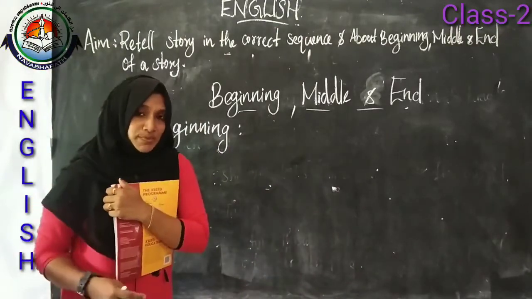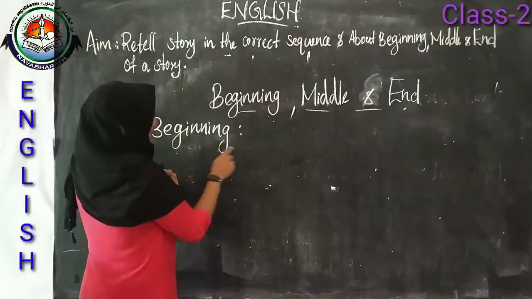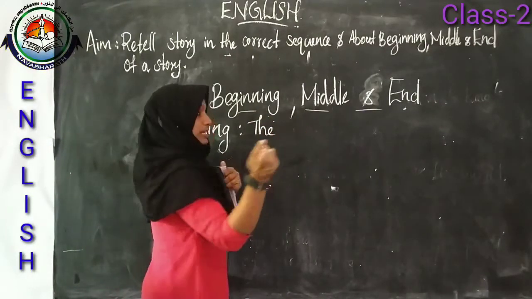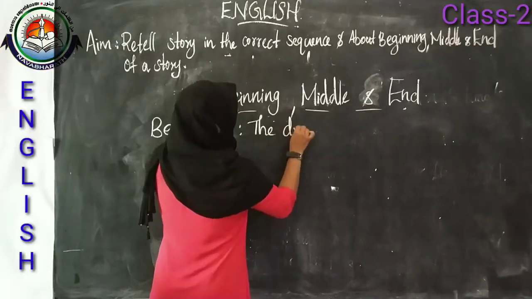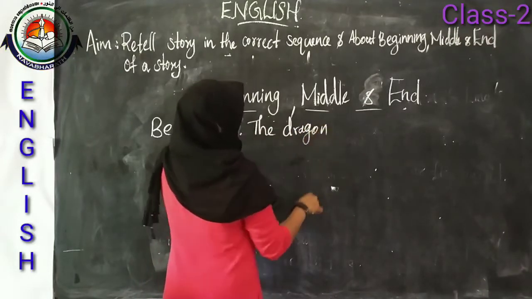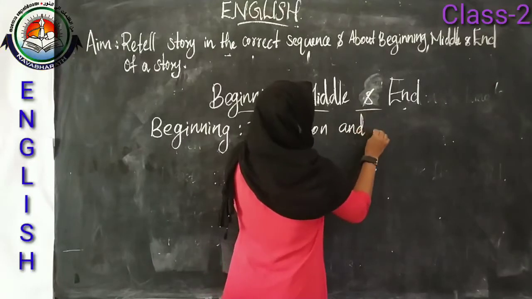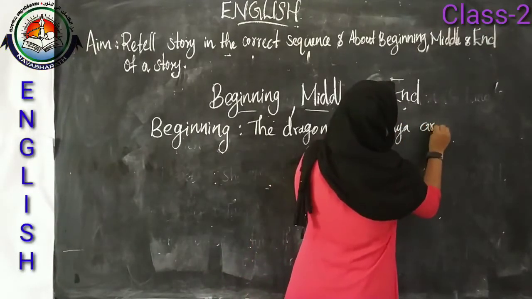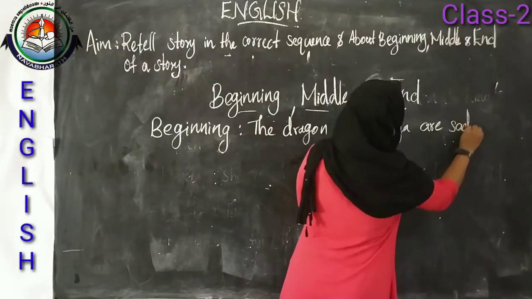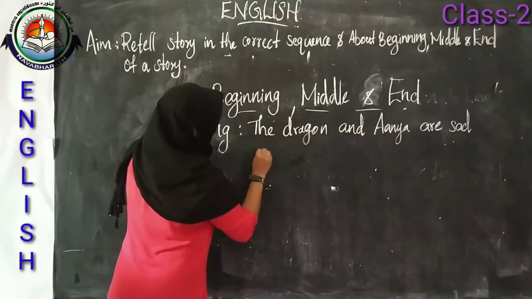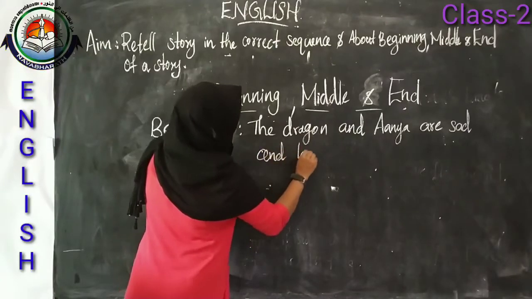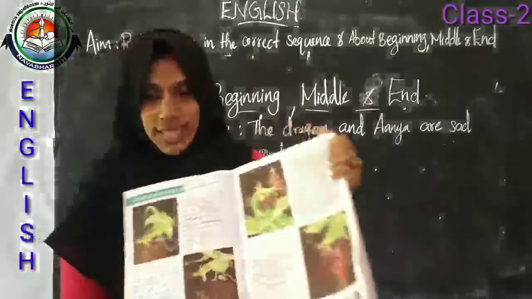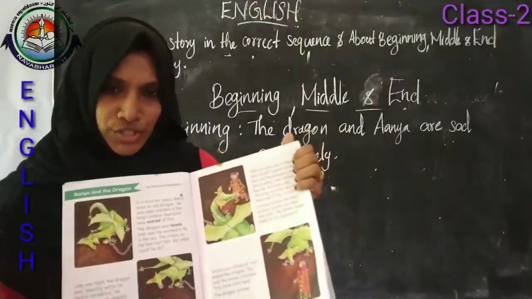The dragon and Anya are sad and lonely. They are alone. This is the beginning of the story.